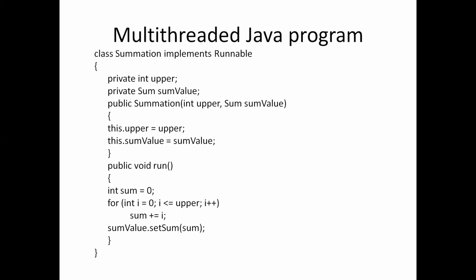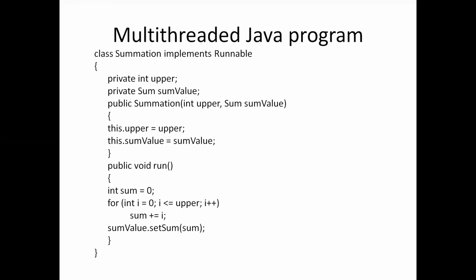We need to store the sum value here. For that, we are invoking the setSum method. After completion of the logic, we need to store the sum value. So for that we use the sumValue object, which invokes the setSum method, which belongs to the Sum class. The setSum method is in the Sum class, and we want to access it.